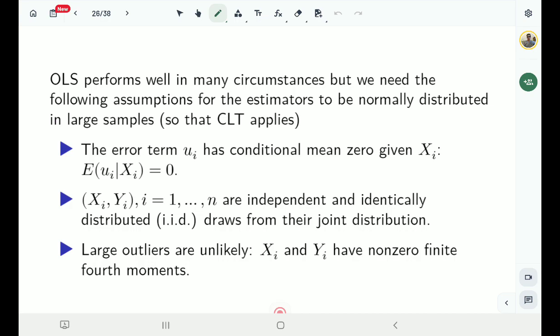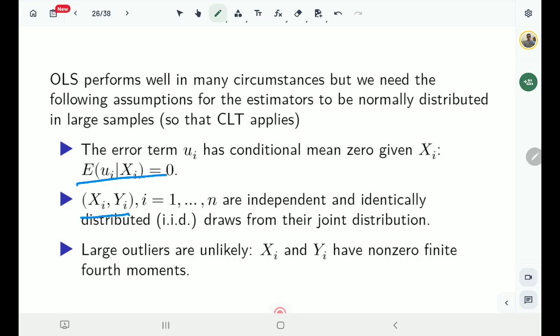So it turns out that there are three important conditions that guarantee that OLS estimators are normally distributed asymptotically, so CLT, the central limit theorem, applies. The first one is that the conditional expectation of errors conditional on x is equal to 0.